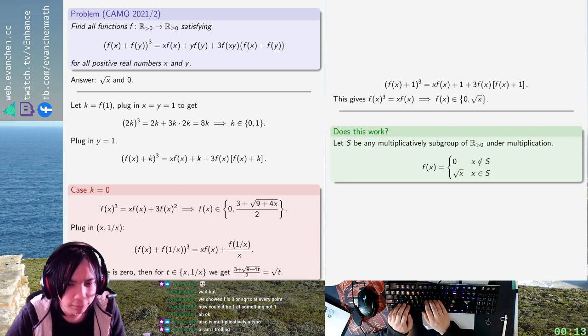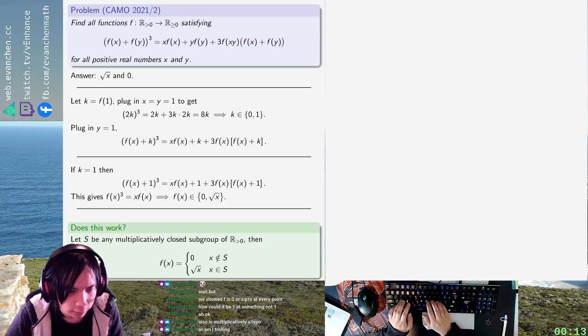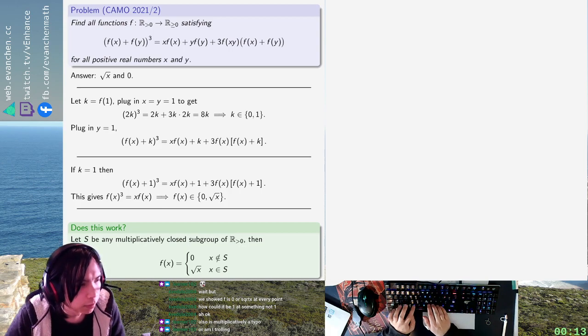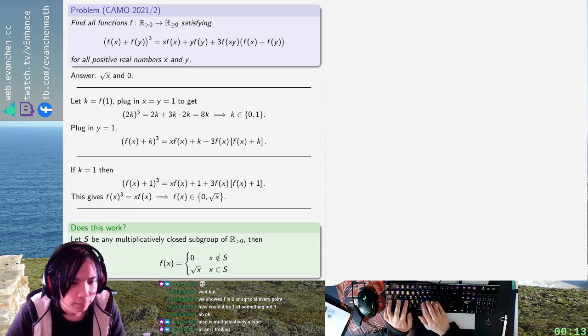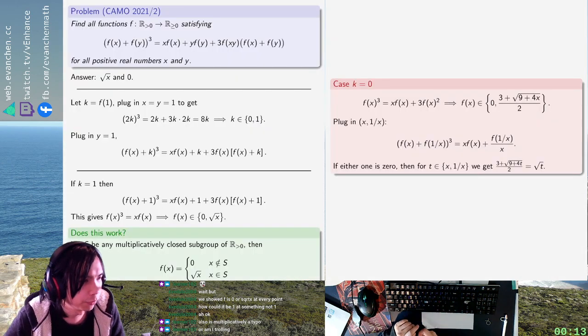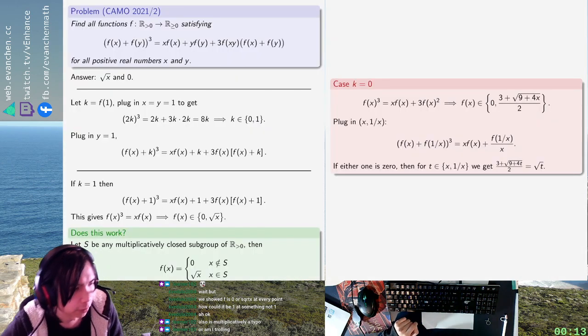The multiplicatively closed subgroup of R0. Then that thing. I want to rearrange the blocks a little so I can save space. Okay. On the other hand, the set of points for which it's square root x is closed under multiplication.